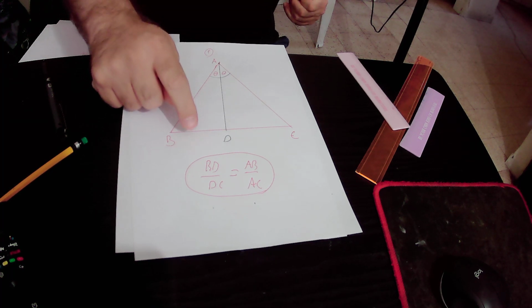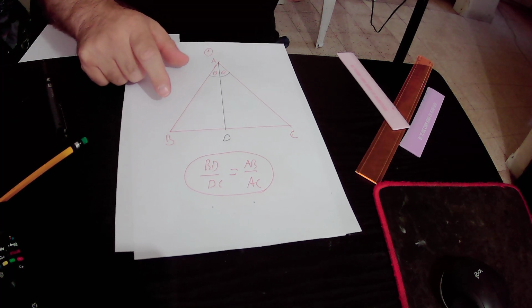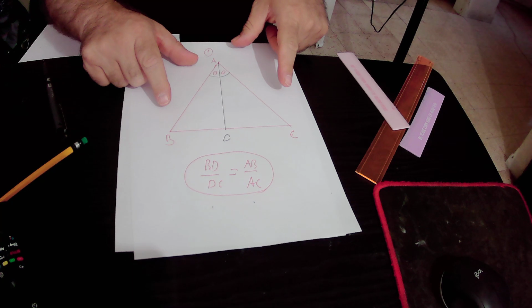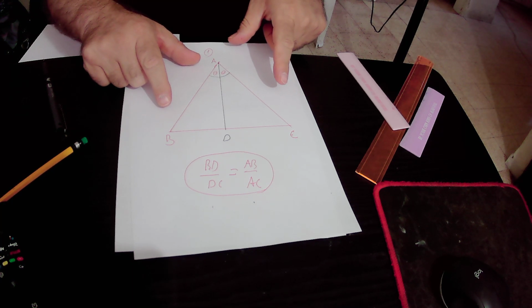So the ratio between those two legs is the ratio that angle bisector AD divides BC. That is to say DB over DC equals to AB over AC, that is the ratio between the angle legs.